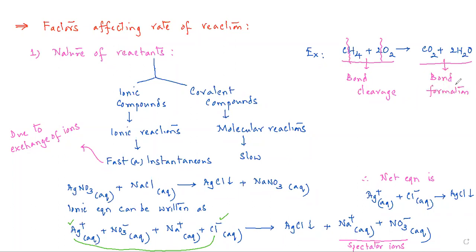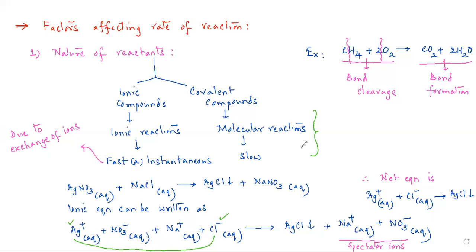You got two different things: cleavage of the bonds and formation of the bonds. Bond breaking and bond making. This, in fact, requires energy and, of course, time. So these are slow. But even within this, we can give something interesting.